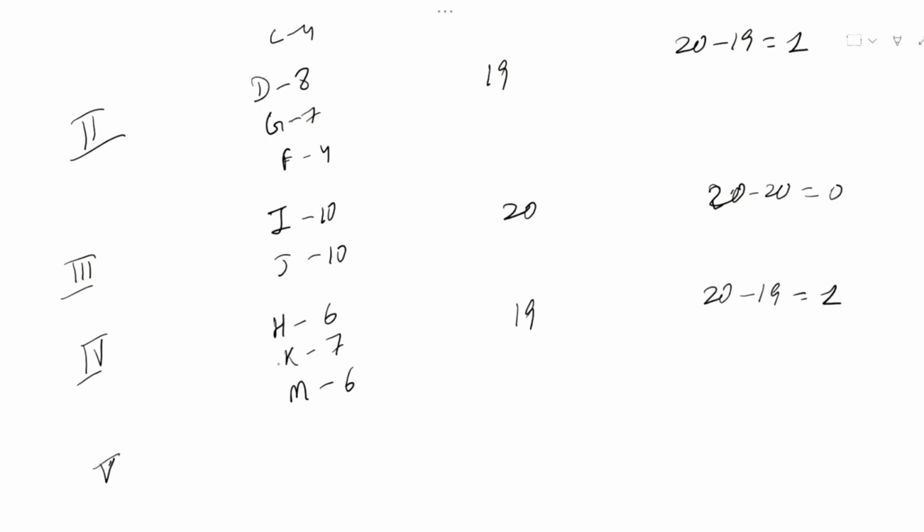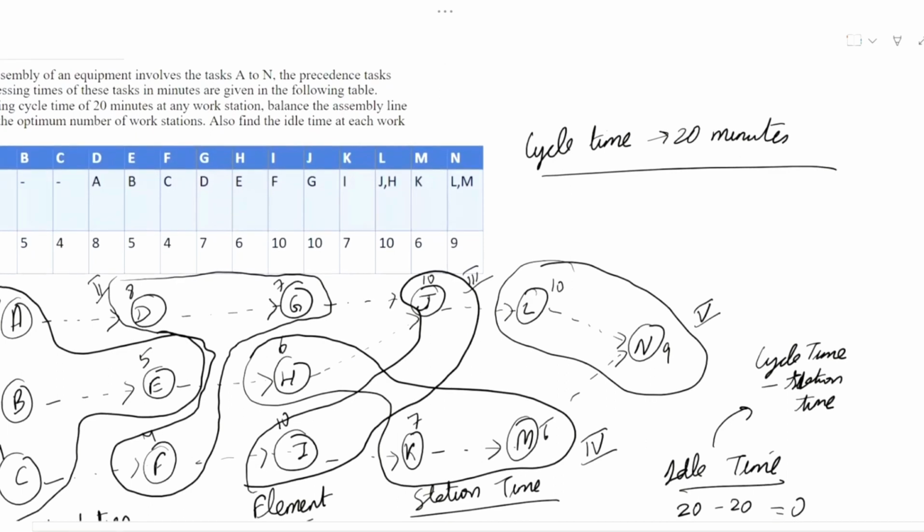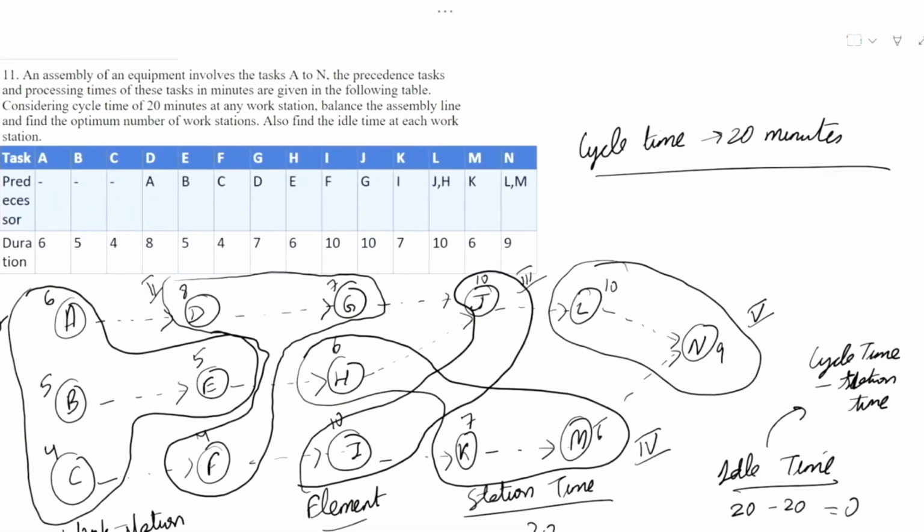For the last station, workstation 5 is L, 10, N, 9. Total station time is 19. Idle time is 1. So with this, we found out the idle time at each workstation and the optimum number of workstations. This is how we balanced it, and the optimum number of workstations is 5.